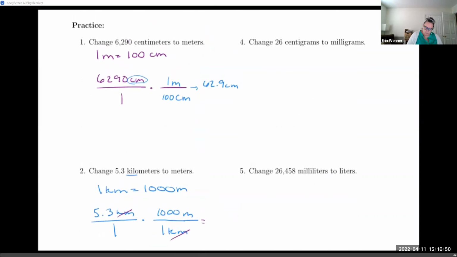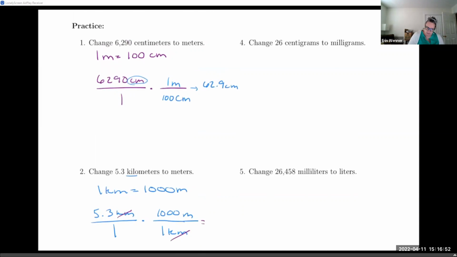Okay, so number 4 wants us to go from centigrams to milligrams. So how can we go from centigrams to milligrams? Right now, we've been going from our unit to measure, like meters or grams, to a multiple of that, but now we're going between these.